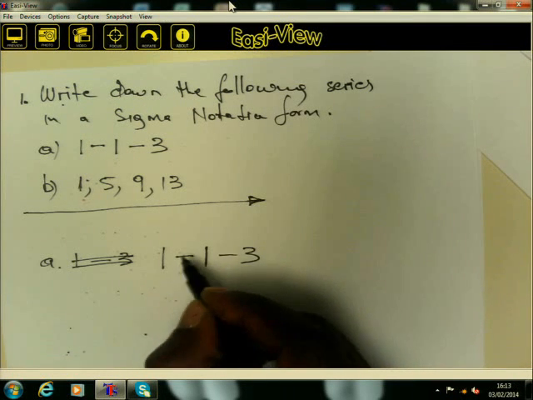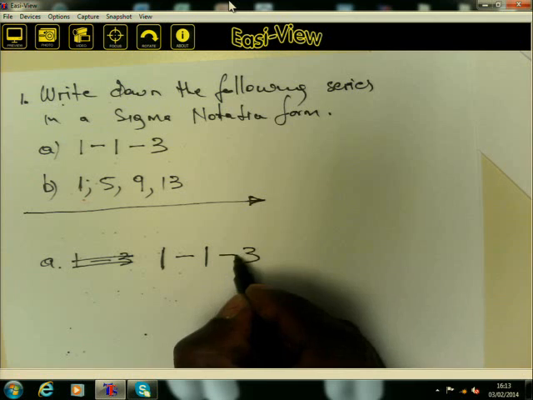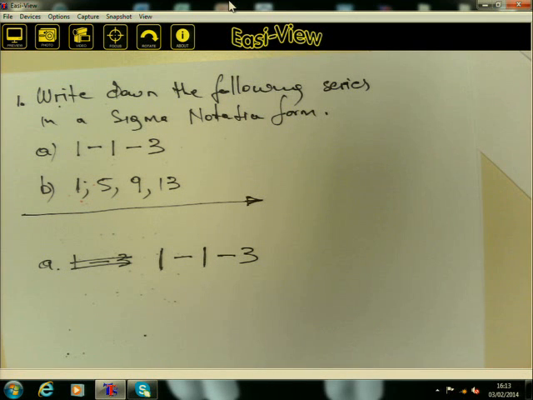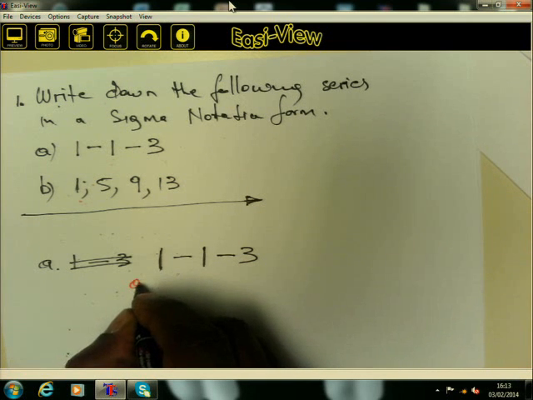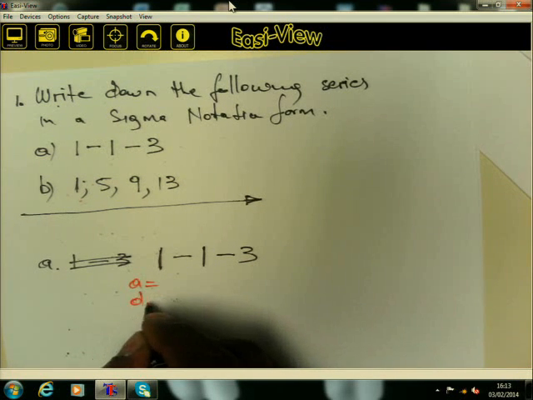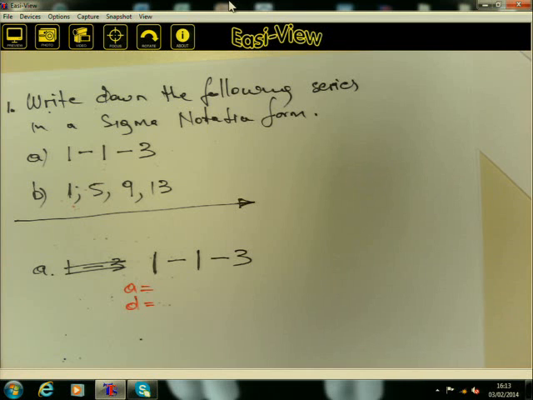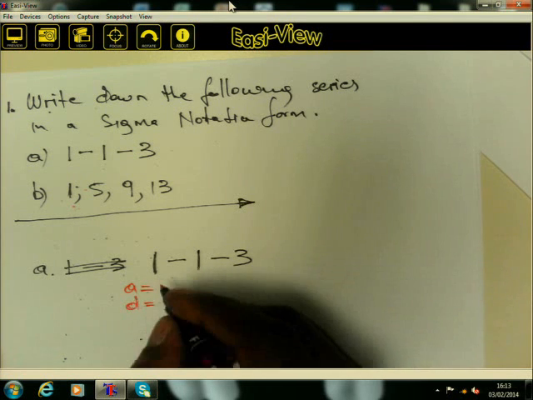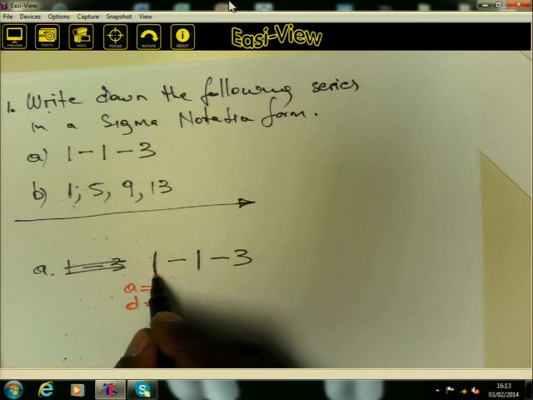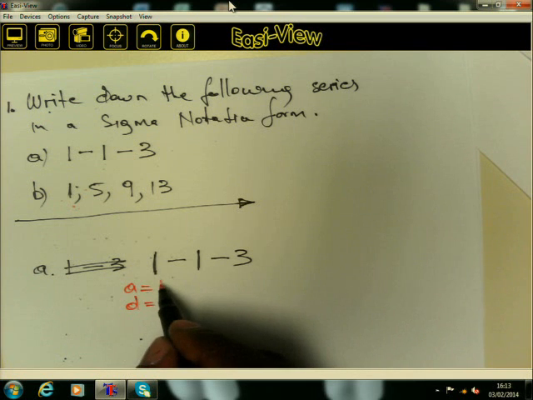So we said the first thing that we need to look at is we need to find our general term. And in our general term, we need the value of A, we need the value for D. So A in this case will be equal to 1. This is the first term.